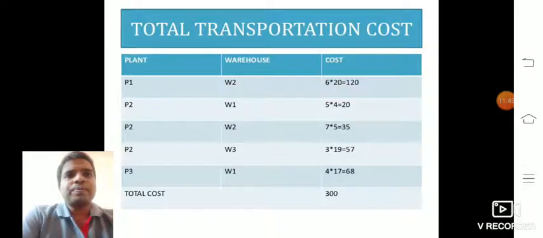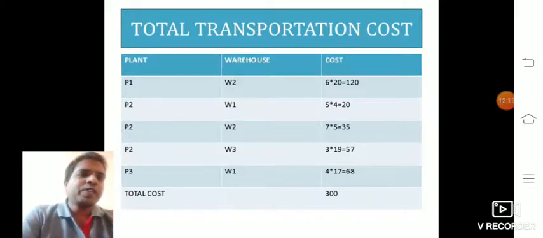Now please verify: the same problem we have solved with the northwest corner cell method, that will give something about 400. Now the same problem, if you solve using the least cost entry method, that will give 300.